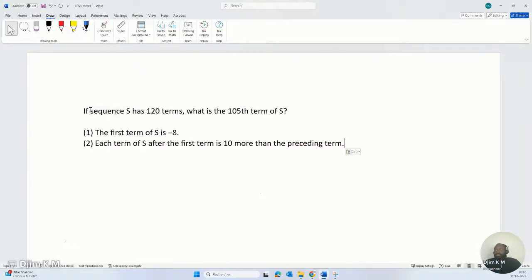Next question says, if sequence S has 120 terms, what is the 105th term of the sequence S?